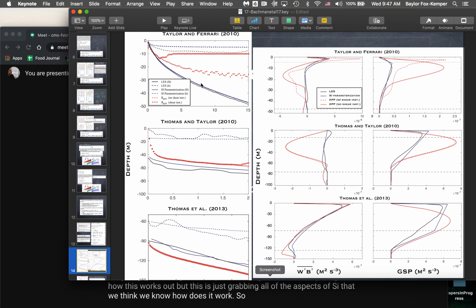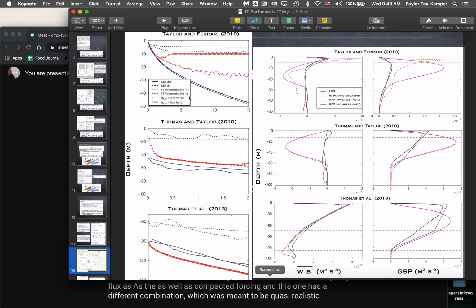So here are three different large eddy simulation forcings. This one is kind of a pure SI scenario where we have convection at the surface. This one is a different set of settings where we have Ekman buoyancy flux as well as convective forcing, and this one has a different combination which was meant to be quasi-realistic.